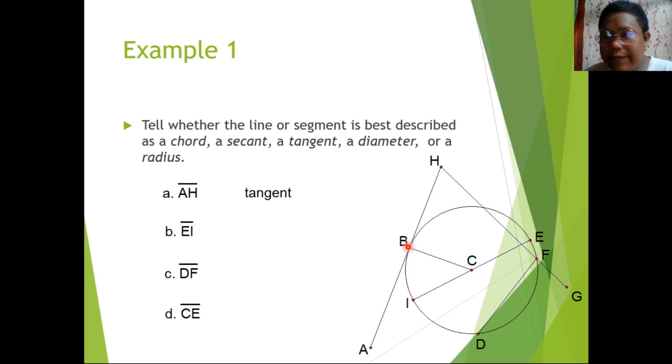Let's do EI. This is one endpoint of the circle passing through the center, then going to the other endpoint. So that is a diameter. DF: one endpoint, then connects to the other endpoint. That is a chord. Next, CE. From the center to the endpoint, that is the radius.